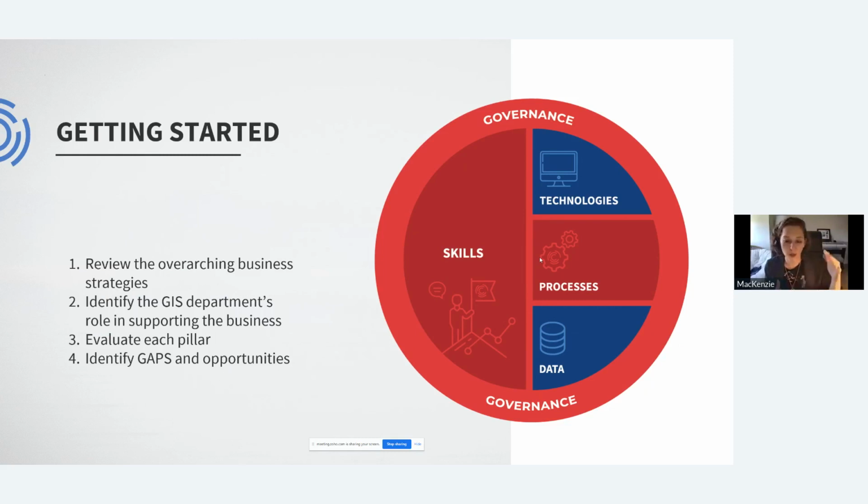And I can evaluate what my capacity is to meet those goals with what I have in place with each of these pillars: the existing skills, the technologies, the processes, the data, the governance. That's where I can see what the gaps are in my ability to meet those business objectives, for instance. So that's a very broad view.